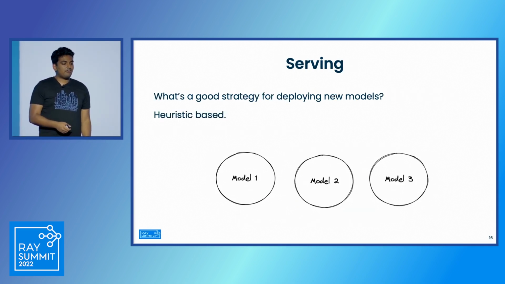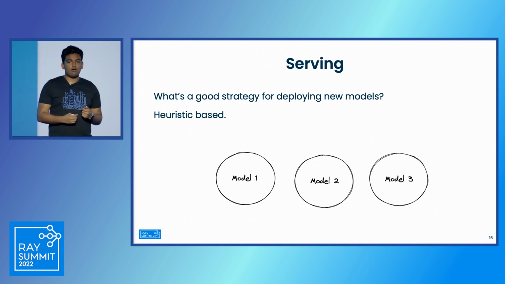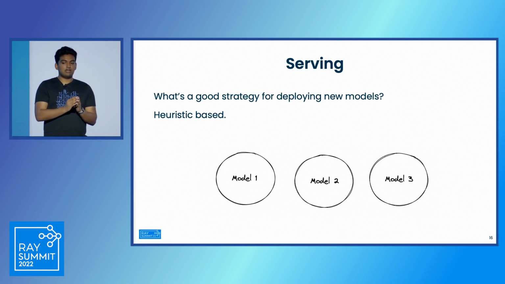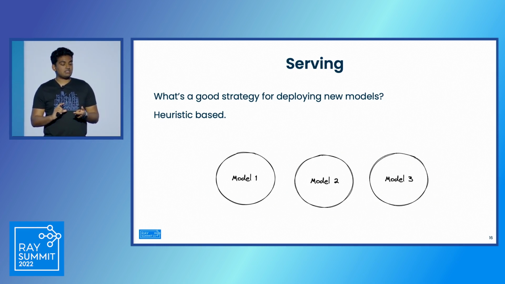And then finally, once we have trained models, once we've trained policies and agents, we need a good strategy for deploying these new models. What we've seen with companies who have successfully gotten to this stage is that often the metrics for deploying a new model are entirely based on heuristics very specific to their domain.